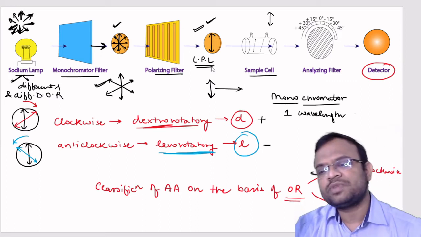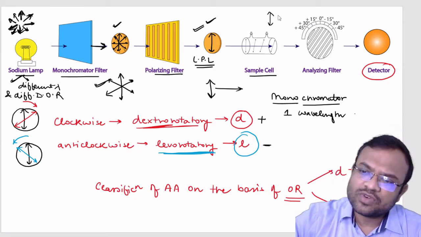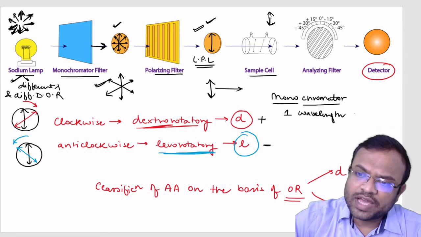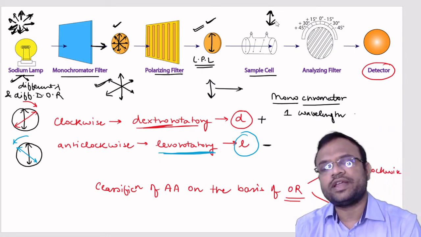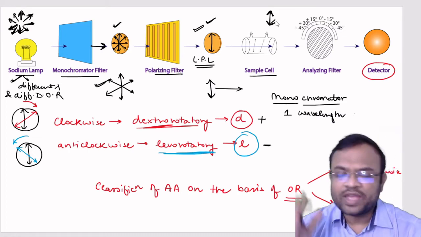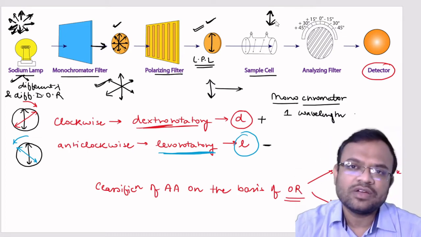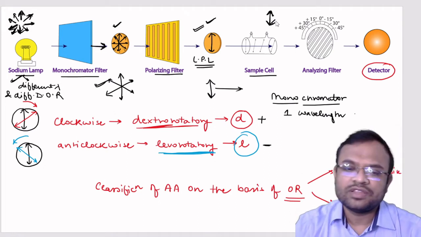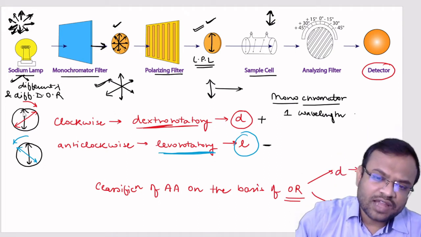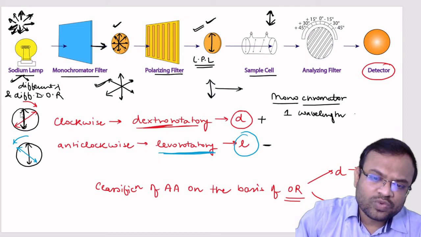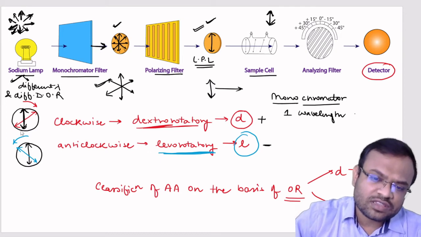How is that possible? Now suppose this was the direction of the plane polarized light. Now when you are passing through the sample cell, there are chances that the light is rotated towards the clockwise direction, as you can see in this diagram.